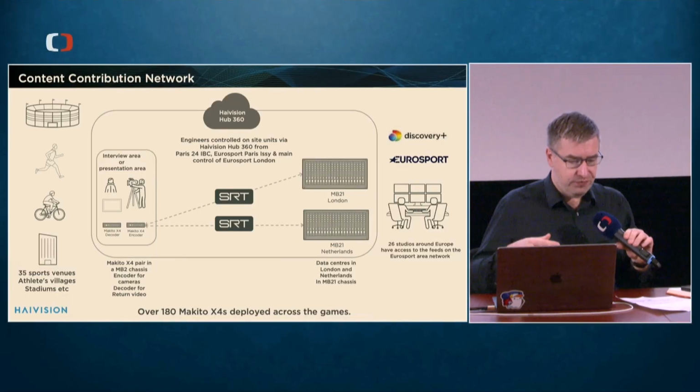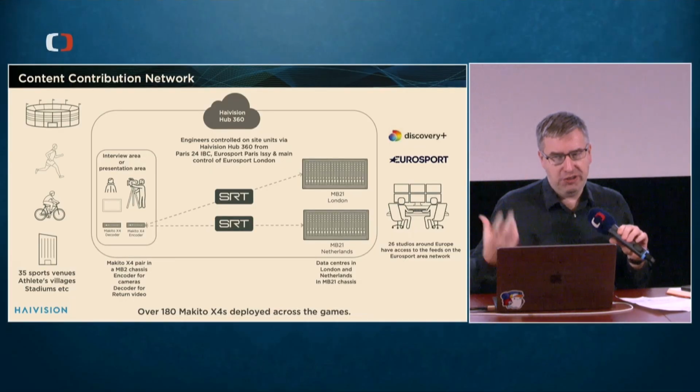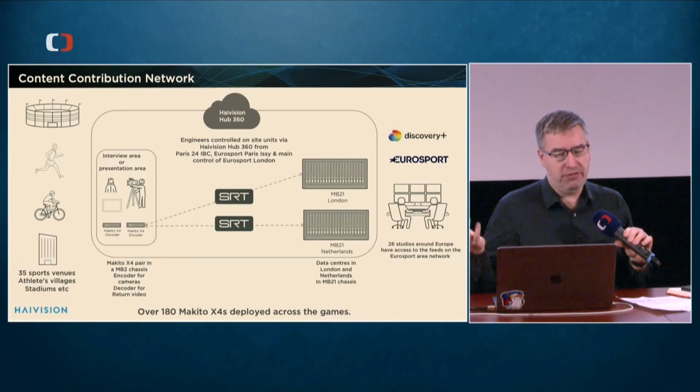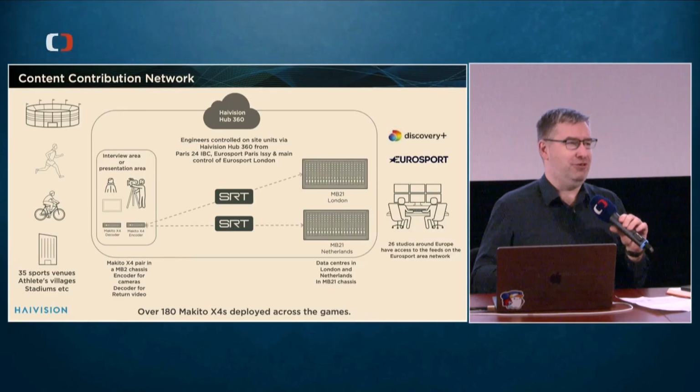With this, they were able to achieve the same results as if they would have had a fiber circuit or SDI circuit. But the cost savings were 90%. It was totally insane. So their return on investment was instant.